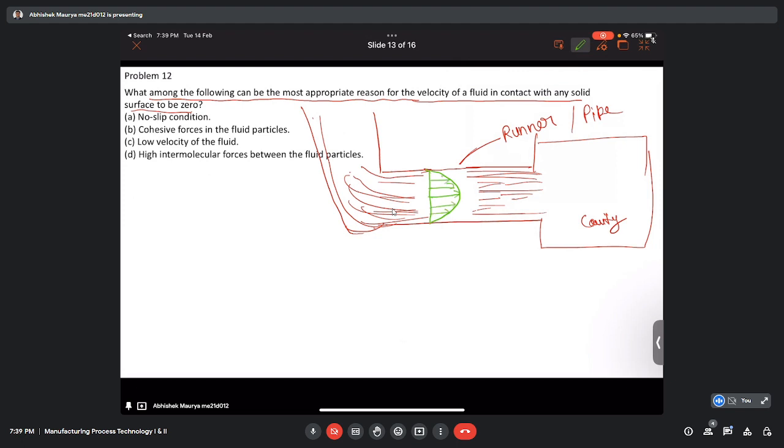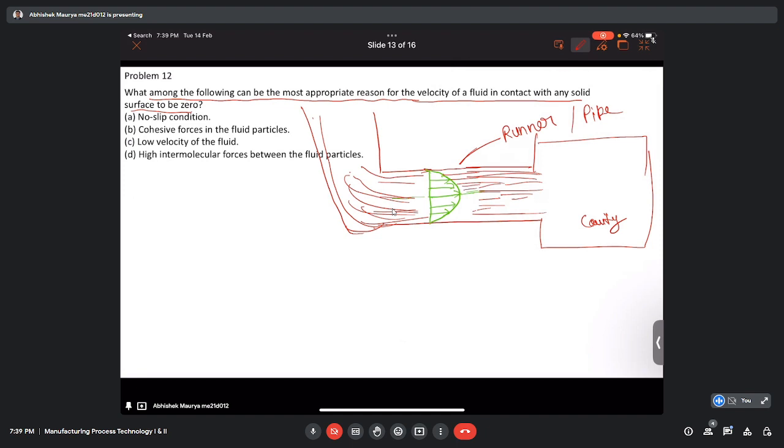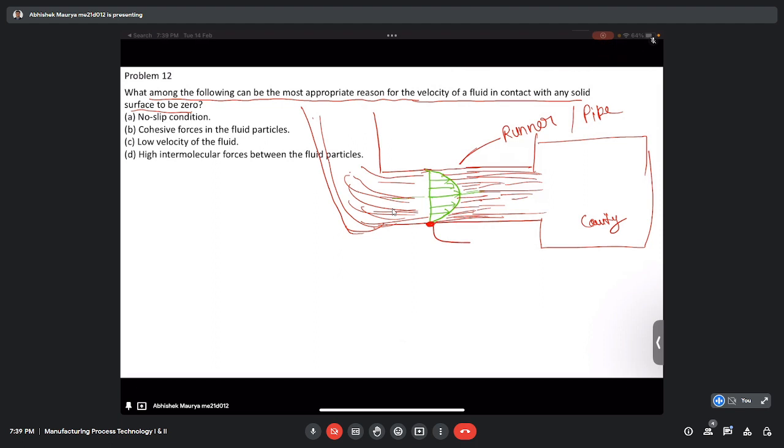Okay, so if we see this, in the center region the material is flowing at higher velocity, whereas near the walls the velocity of the metal is zero. Here zero velocity. Here also it's zero velocity.